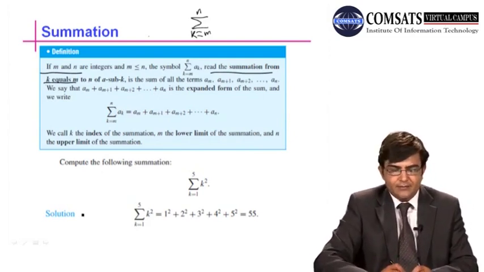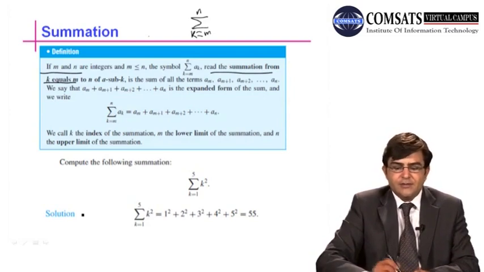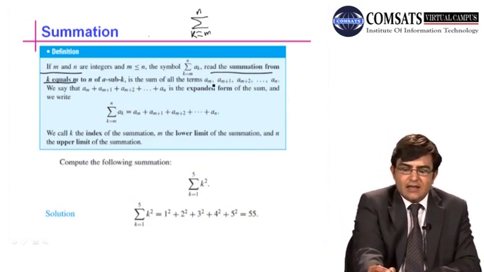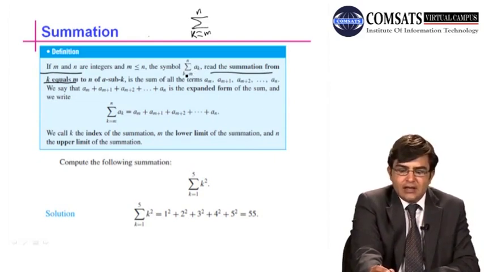of a sub k is the sum of all terms basically from this k. Here we have a k, so the variation of k is basically from m to n. We can put here the values of k from m to n.